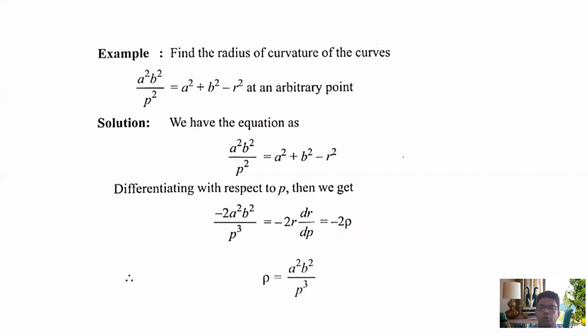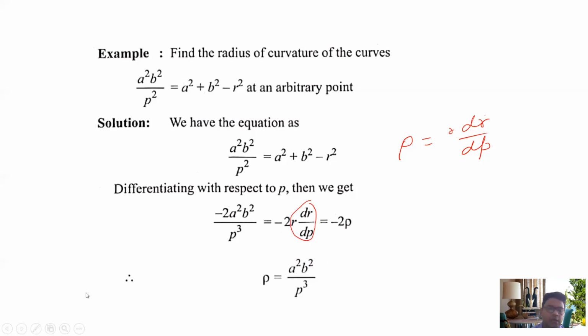Already you know rho is equal to r dr/dp, that's why we replace it by rho.